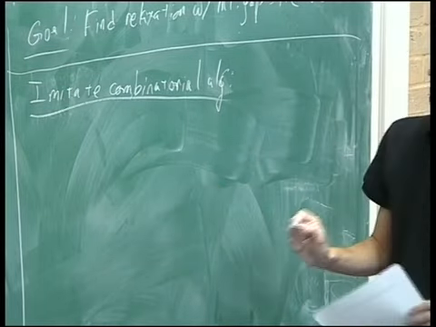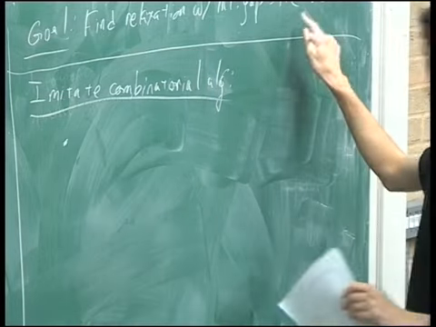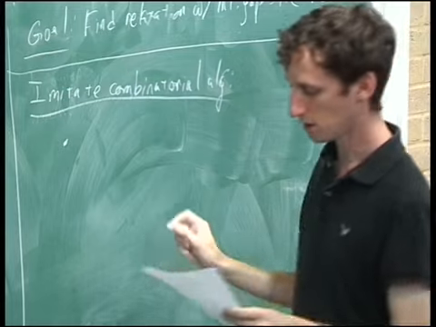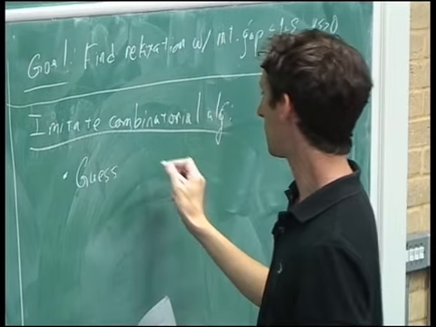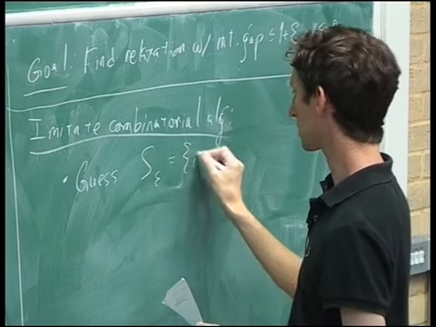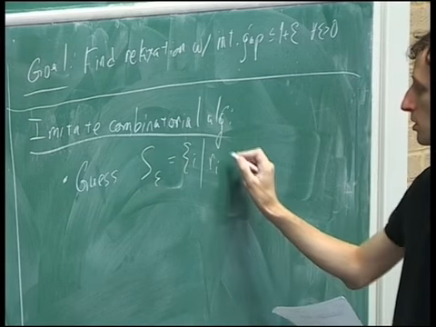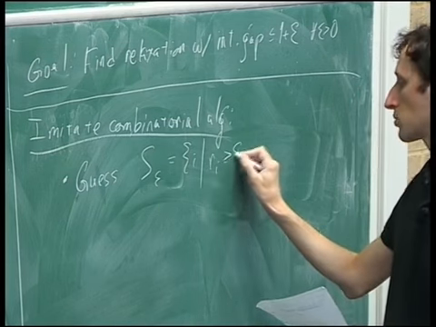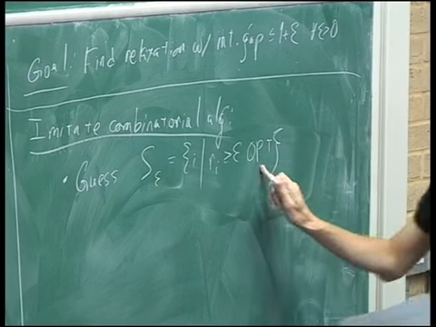And what does this algorithm do? Well, first, this might be up to a constant times epsilon. First we guess some set S epsilon, which is all the indices corresponding to items which have relatively large reward, at least epsilon times the optimum.